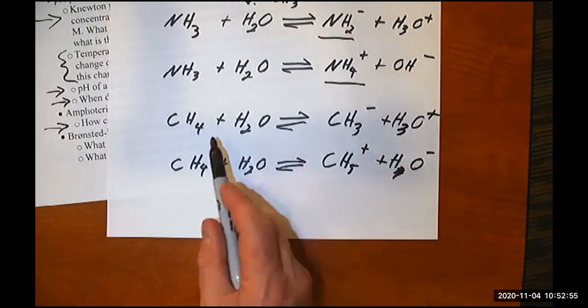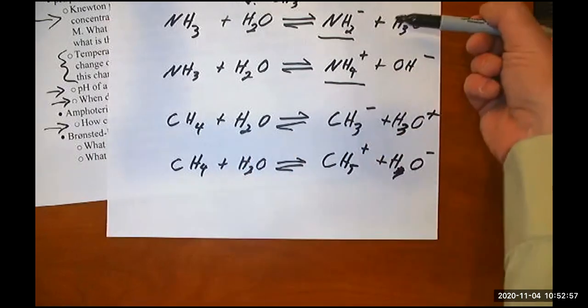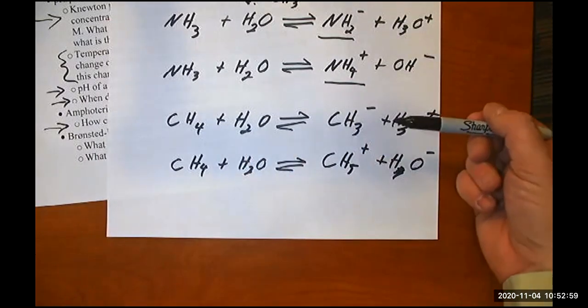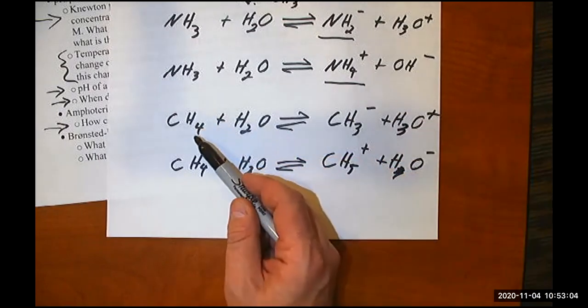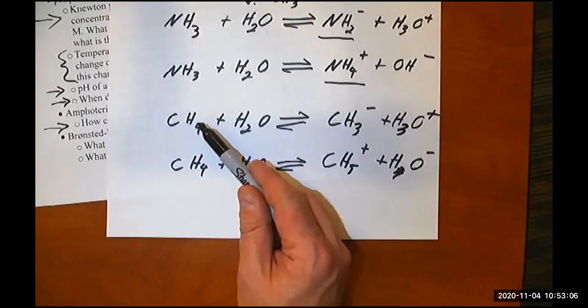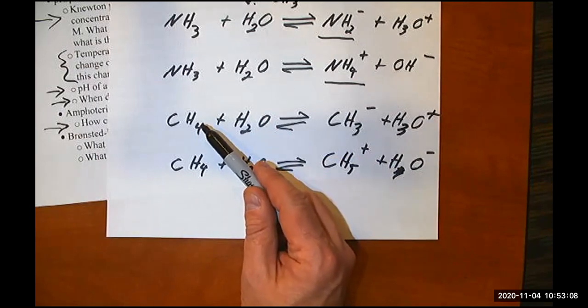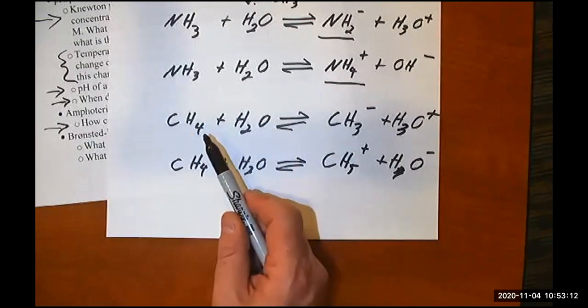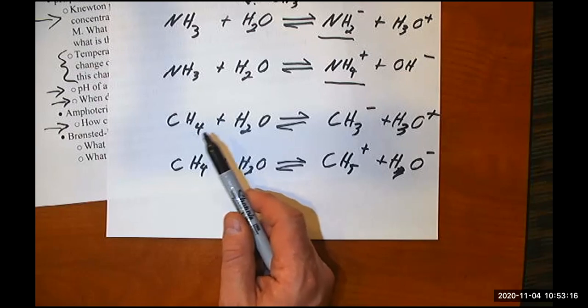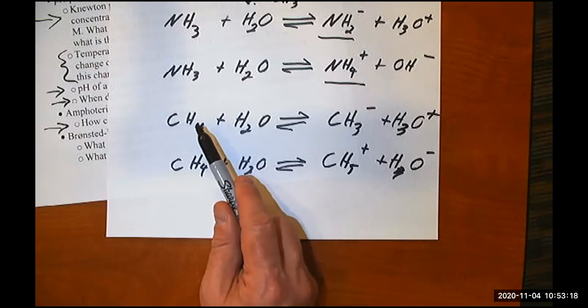Now, the acid one is similar to the one up here in that while water is very unlikely to do this, there might be something that would be acidic enough to pull off an H plus from this. In an aqueous system, it's not going to act as an acid, but in some other context, it might if you have a strong enough base that you're interacting with.